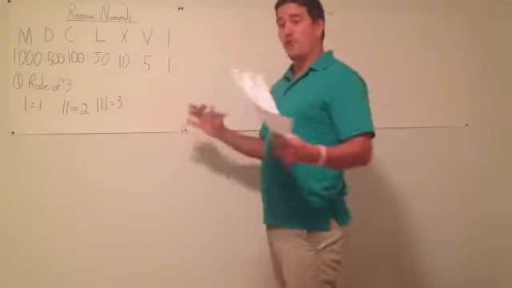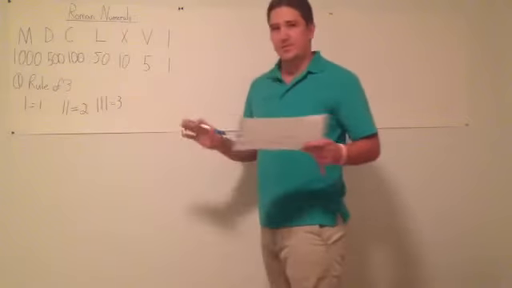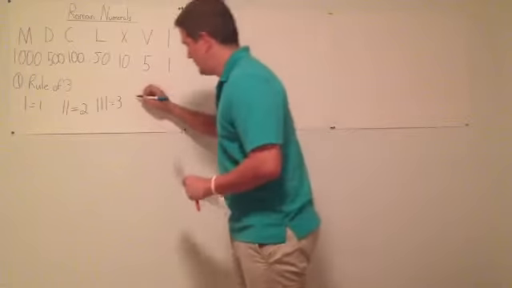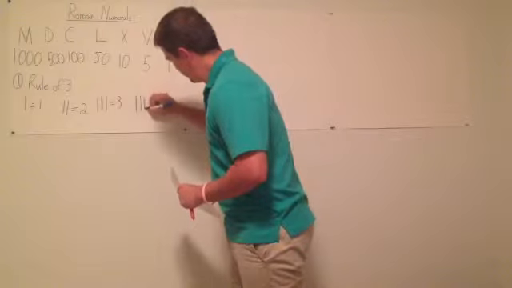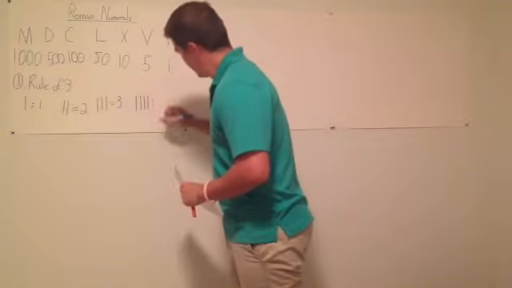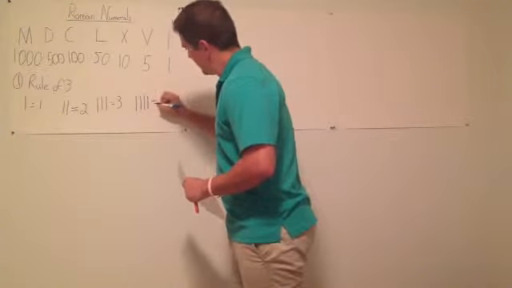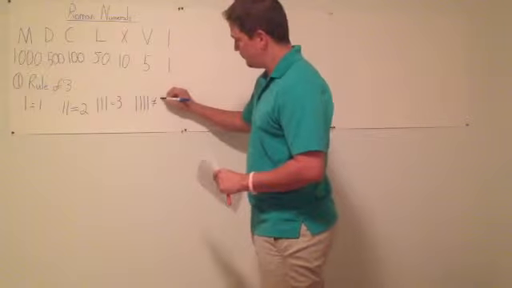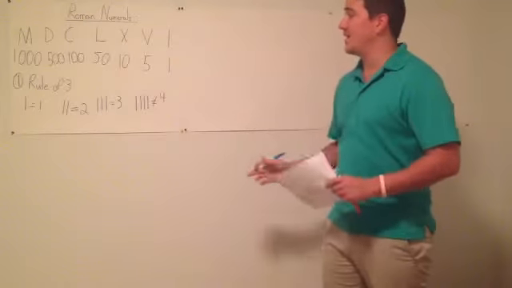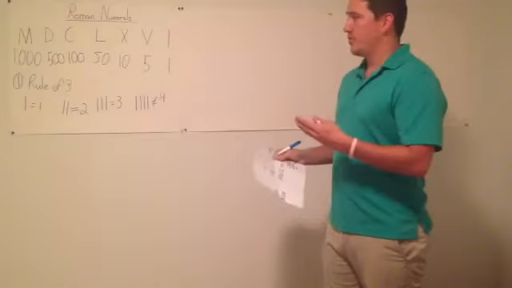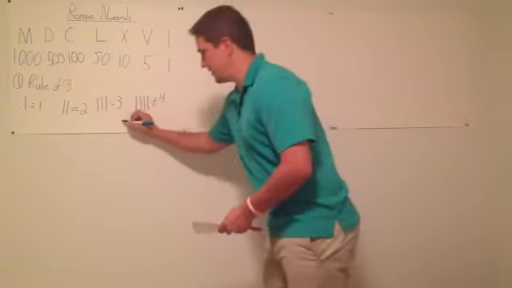I'm going to show you 4 the wrong way. This is something that you would not want to do. I'm going to put it does not equal 4. It works with many symbols. If you wanted to get, let's say, 30, you would put 3 X's next to each other.